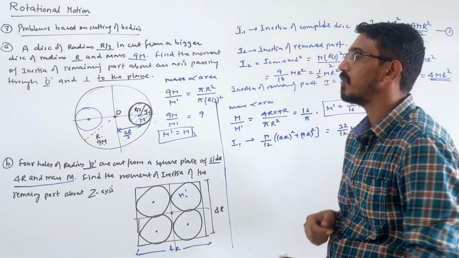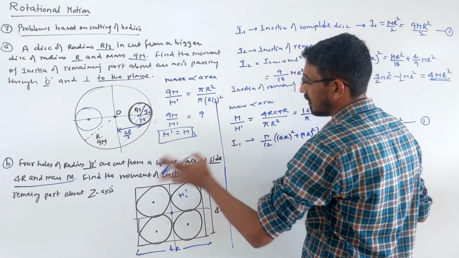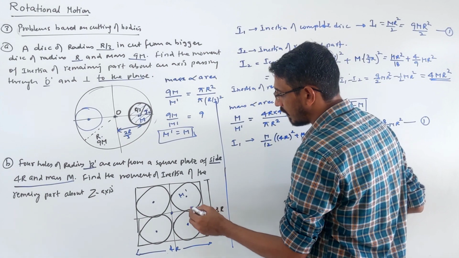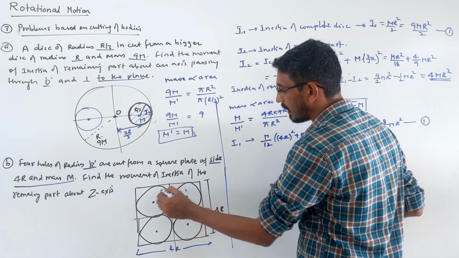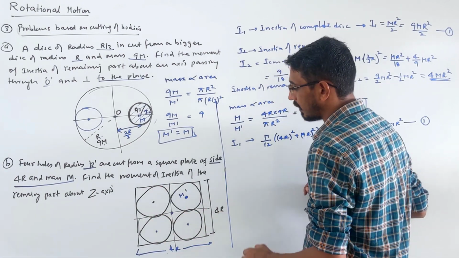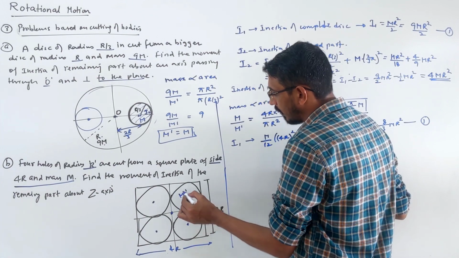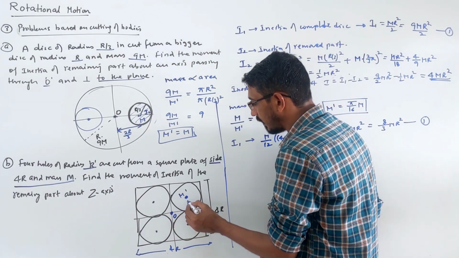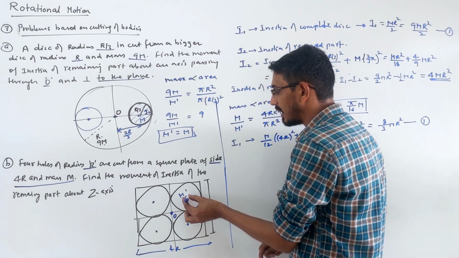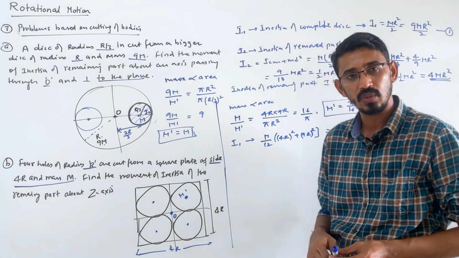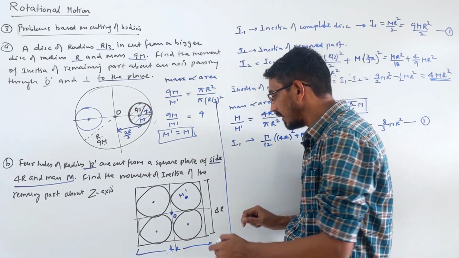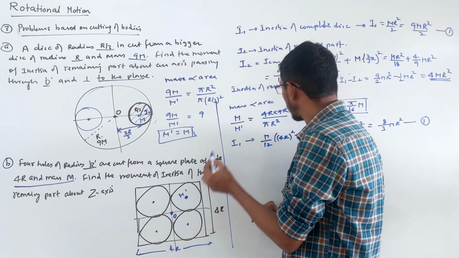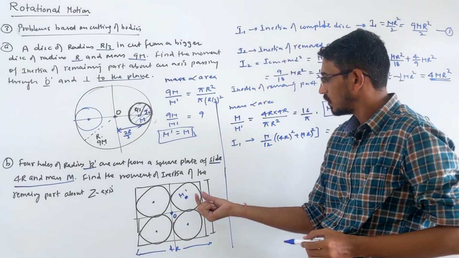Now we have to calculate the inertia of the discs which are cut and removed. Let's find it for any one disc and multiply by 4, because 4 parts are cut. Again we have to use the parallel axis theorem, because we are finding inertia about point O. We know the inertia about the center of the disc is mr square by 2. The radius is given as r, and the mass we already found.